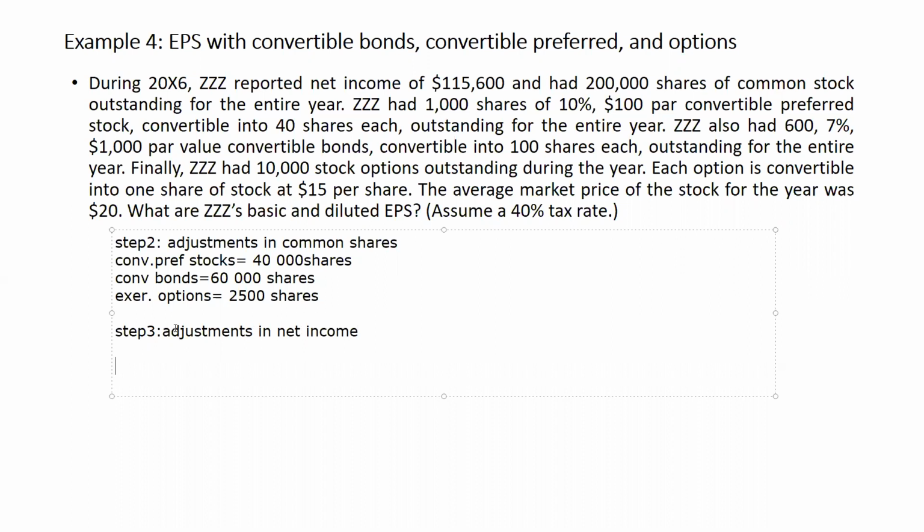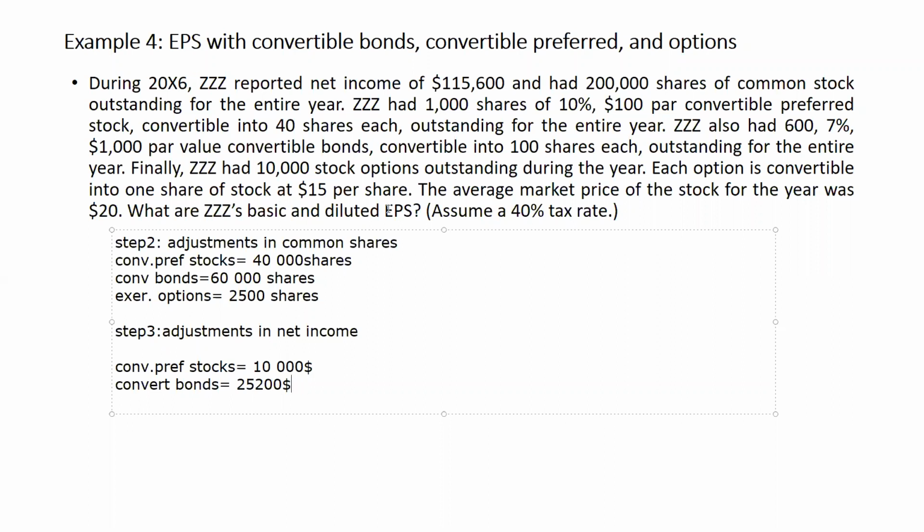So the adjustment with the preferred stock is adding back the preferred dividends, which was $10,000. And when it comes to convertible bonds, we are adding back the interest.